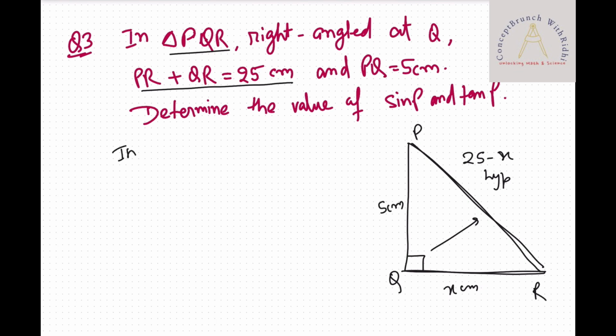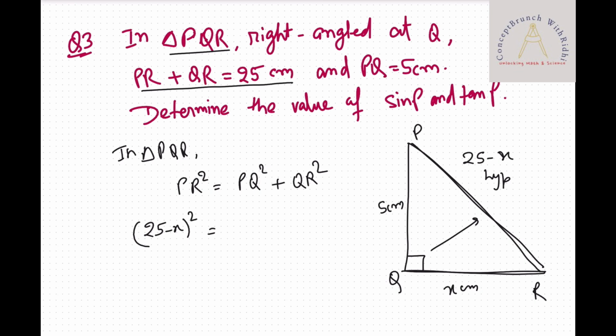In triangle PQR, we can apply the Pythagoras theorem. So PR square is equal to PQ square plus QR square. PR is what? (25 minus x) whole square, that is equal to PQ, that is your 5 square, plus QR is what? x square.